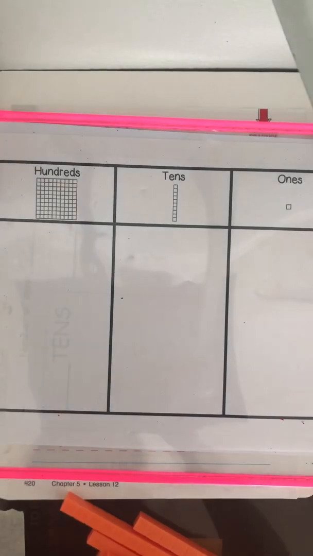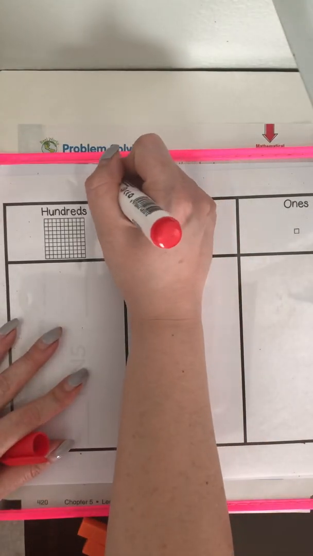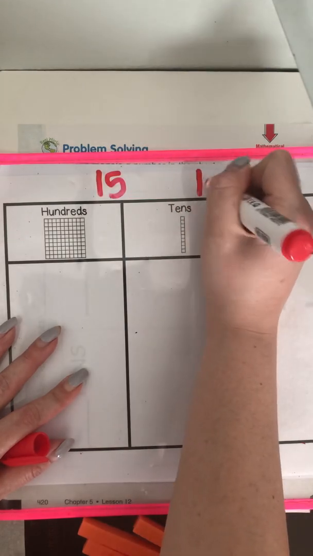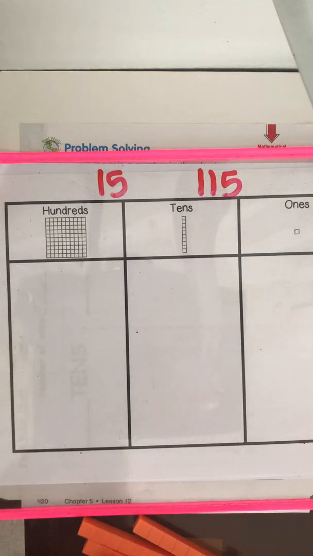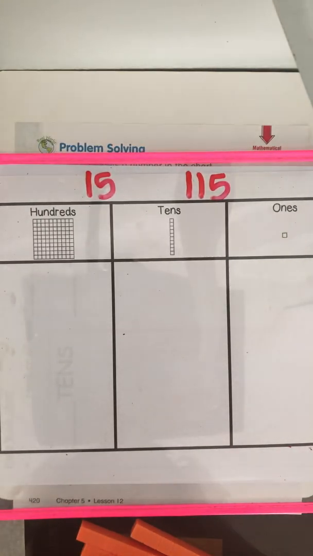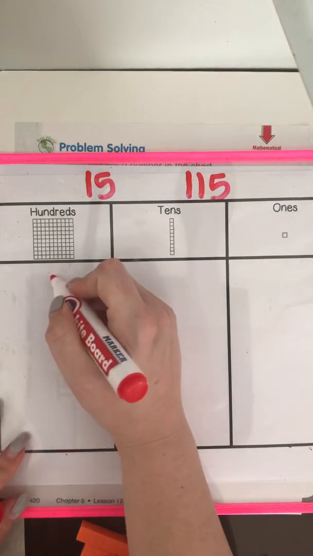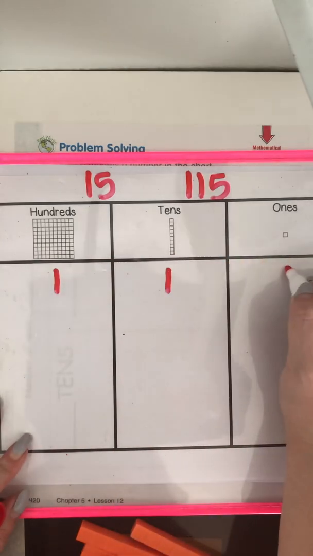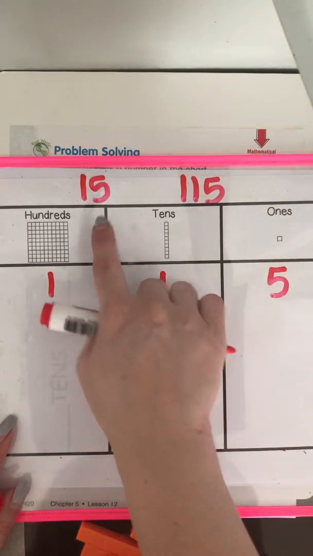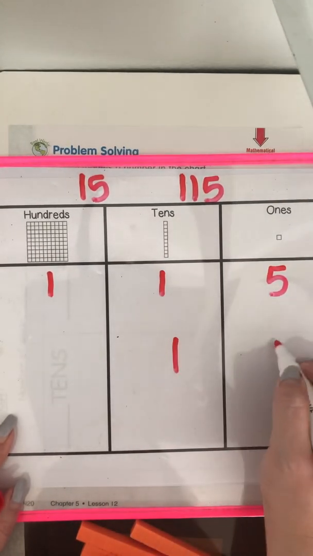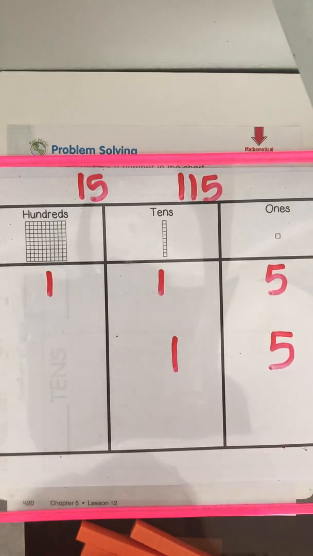What's the difference between the numbers 15 and 115? The number 115 would look like this. 1, 1, 5. The number 15 looks like this. What's the difference? What's missing?